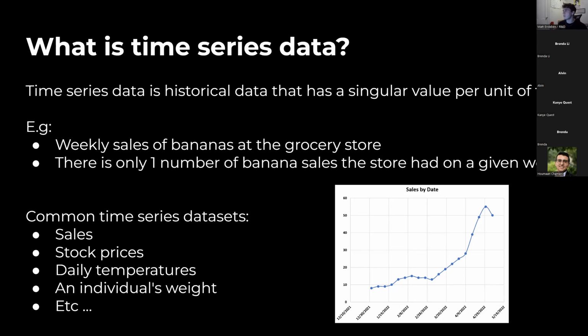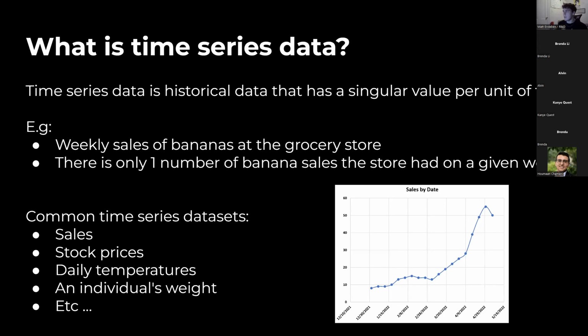An example of this would be, let's say you're at a grocery store and the grocery store is selling bananas, as most grocery stores do. Let's say they're tracking their weekly sales of the bananas over the course of the year. The graph on the bottom right shows how many sales they have of bananas each week.